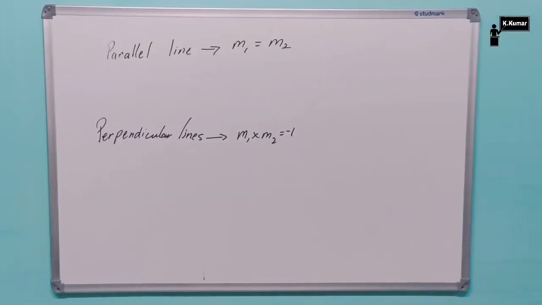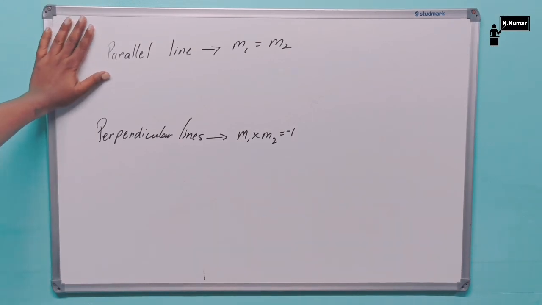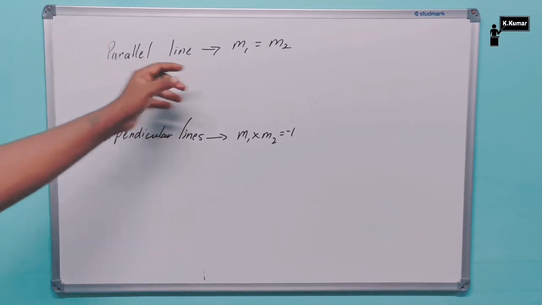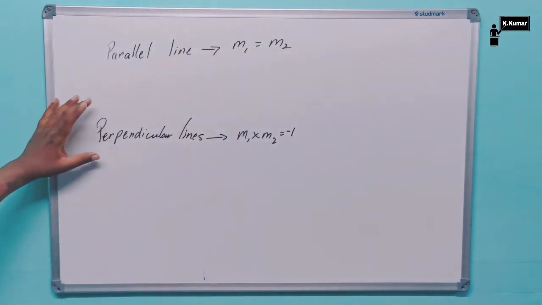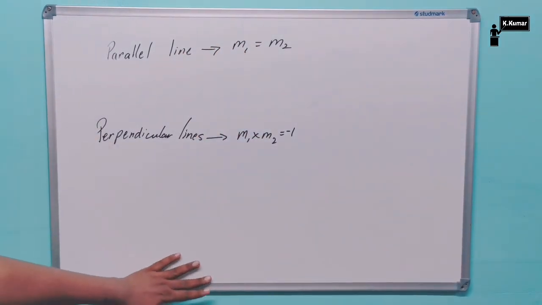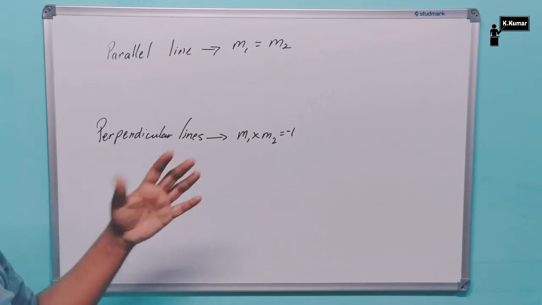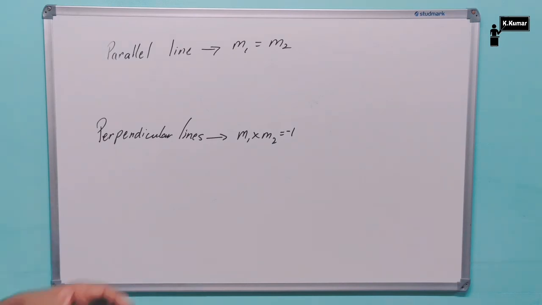So, parallel and perpendicular lines: in some questions, they would give you the gradient of a line and then ask you to find the equation of a line that is parallel to that line. What you have to remember is that the gradients are the same. With perpendicular lines, the same might come, where they might ask you to write the equation of a line that is perpendicular to the one that you have, and they give you a point.